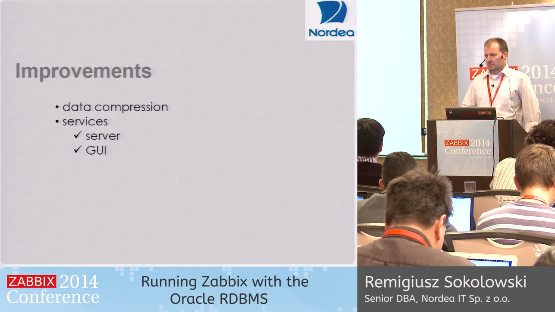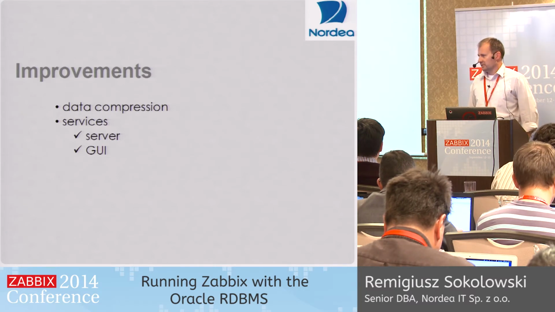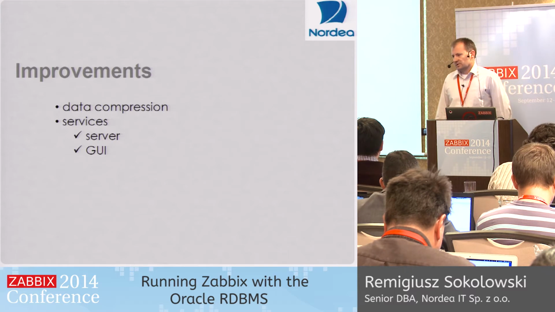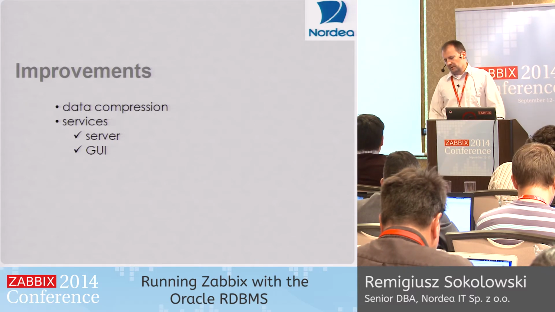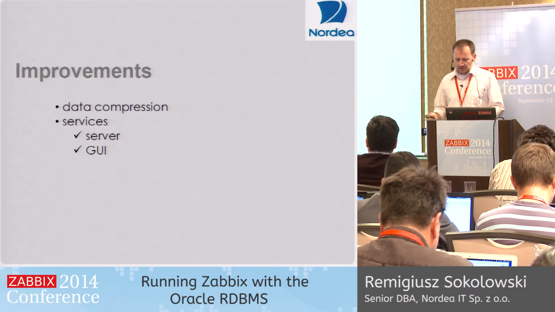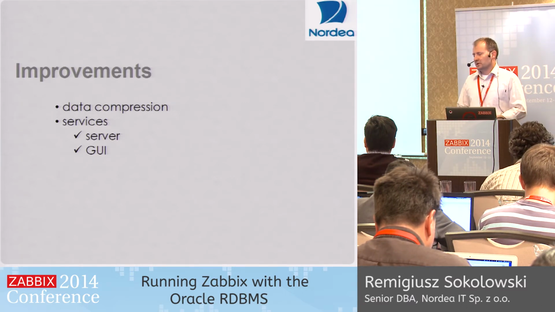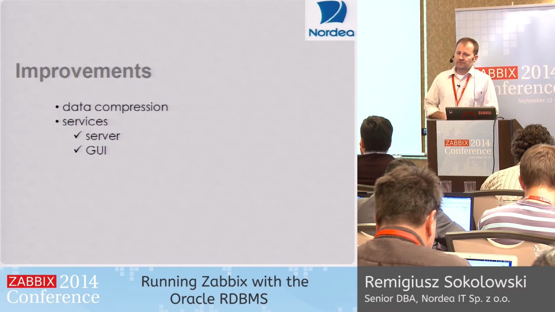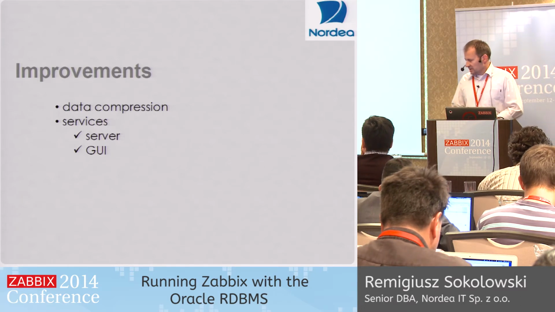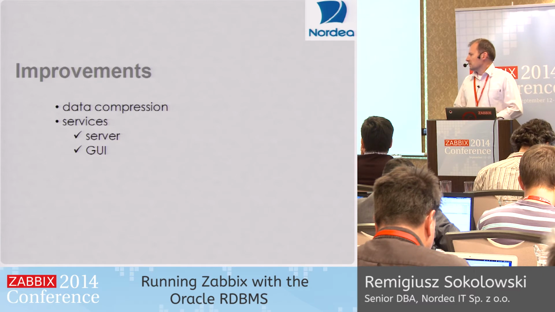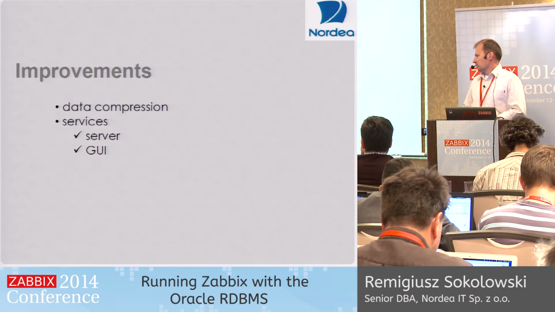We don't touch the core server because of the problems with testing, and we could easily break the code. This is not so with the GUI, so we even fixed this problem by ourselves.